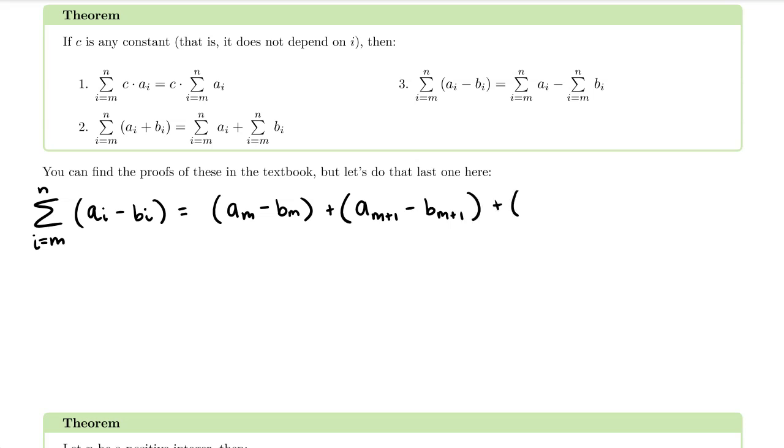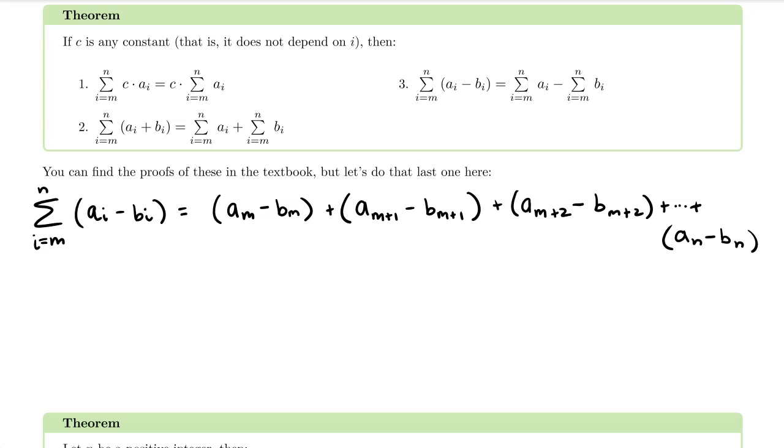And let's do one more for this. So I have a sub m plus 2 minus b sub m plus 2. And then this is going to keep going until I add my last term, which our upper index is n. So I have a sub n minus b sub n.